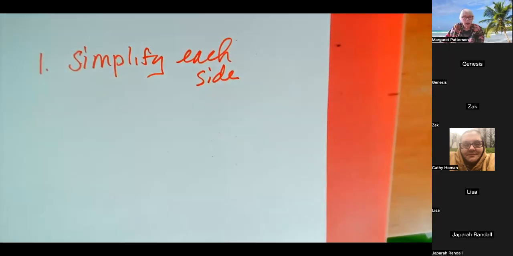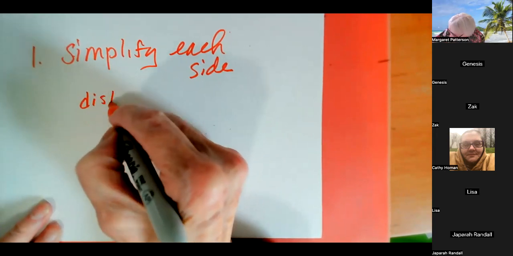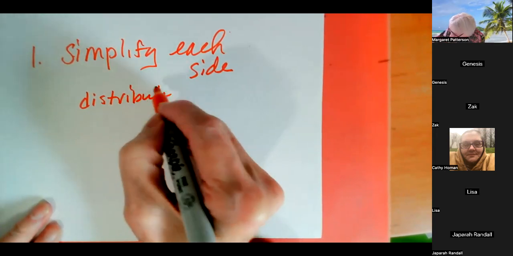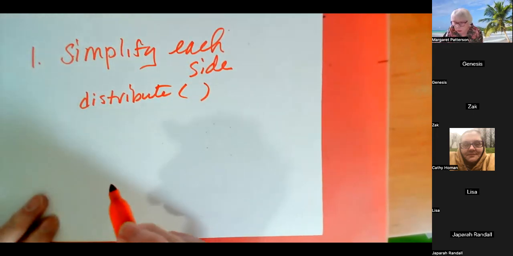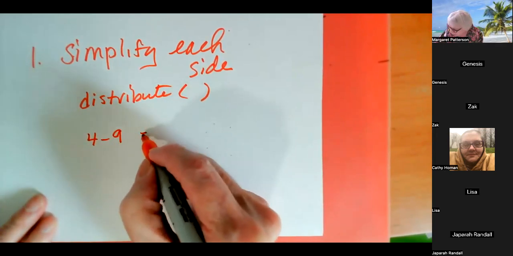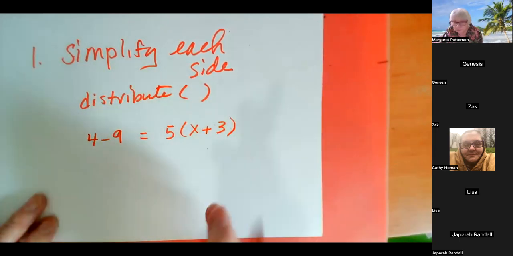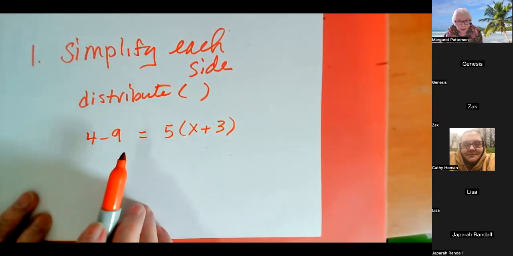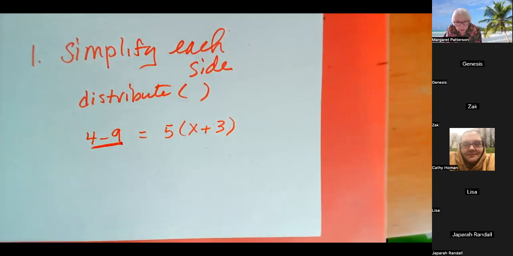So that's where I would say, if you see the mess, clean it up. That would include distribute parentheses. I'm just going to write like that. So an example of simplifying, when we had 4 subtract 9 equals 5 times x plus 3. The simplifying would be putting this together into one number, not 2.